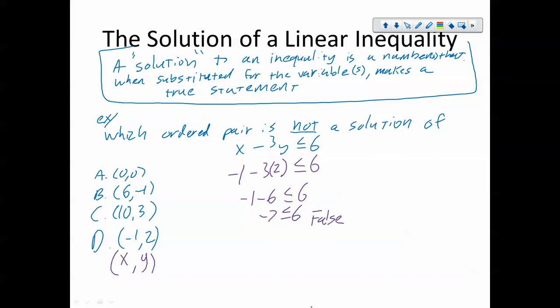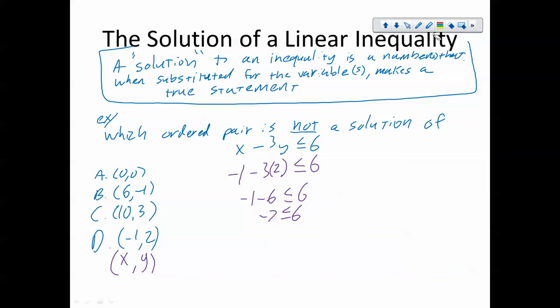So D is not a solution. Well, I crossed that out. Maybe I should circle that one, because that's technically the right answer. D is not, no, what am I saying? Ignore me.